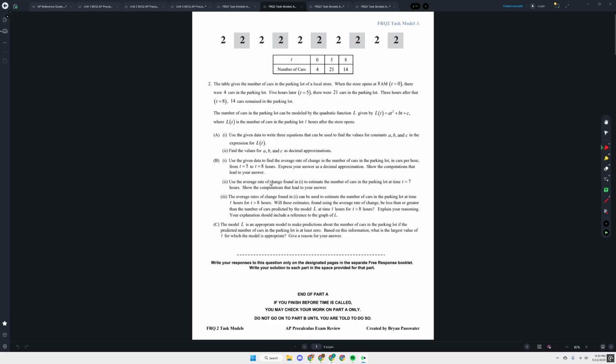We'll do Model A for this case, unless someone's done Model A. If someone's done Model A, I'll skip to a random one. Has someone done Model A of FRQ 2? Let me check the poll. What does the poll say? Yeah, FRQ 2 is winning by a good amount. Alright. So, calc is allowed for FRQ 2.